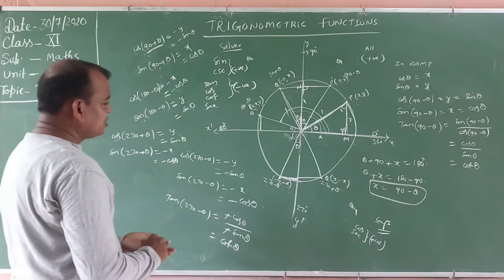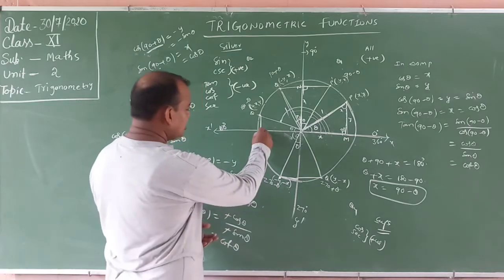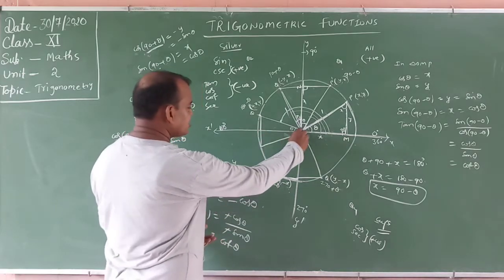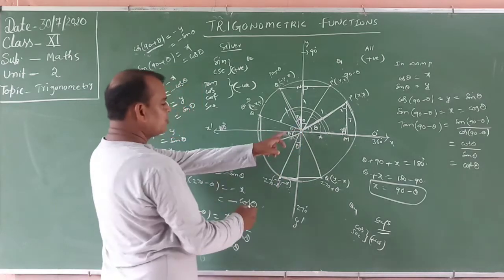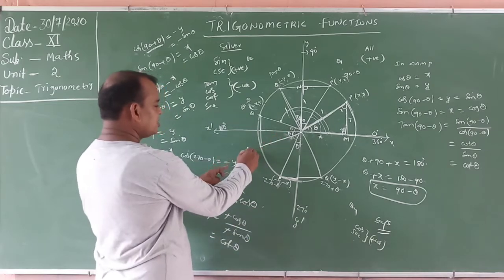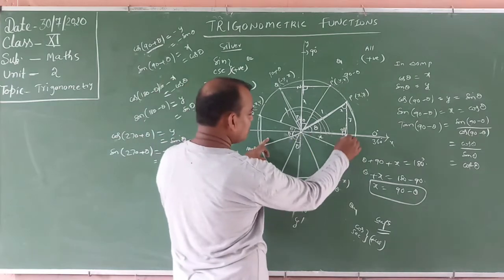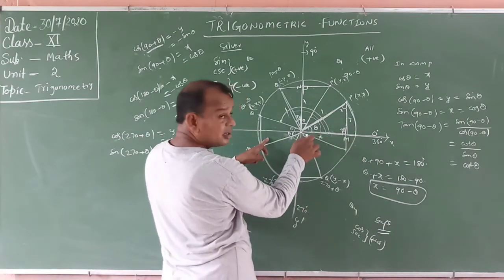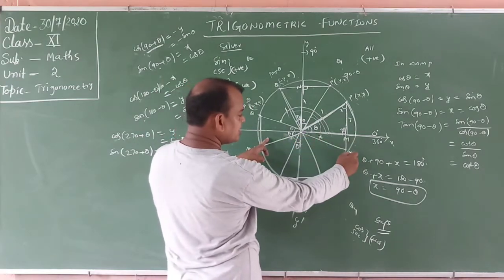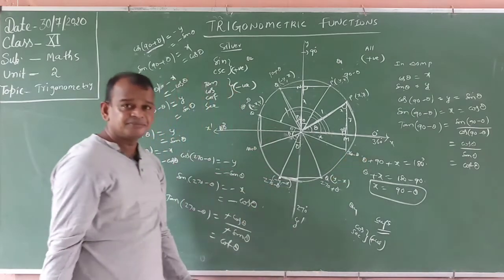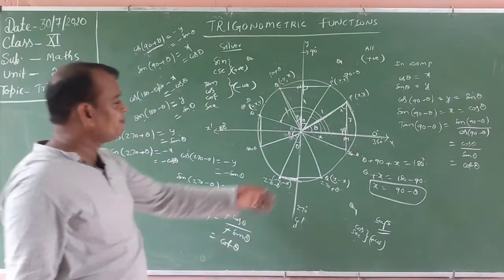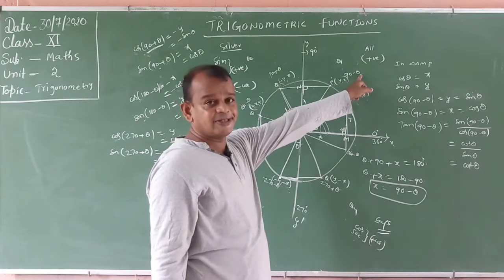Suppose you take this as theta; up to 180, this is 180 plus theta. No problem at all. Up to here, 360, this is 360 minus theta. Say yes or no?